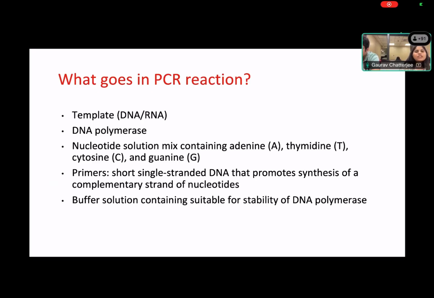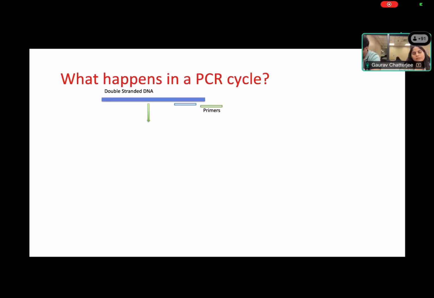If you look at the schematic diagram, you have a double-stranded DNA structure, where primers are supposed to go and bind. Now, before primers can bind, this double-stranded DNA has to break into a single-stranded structure. So denaturation has to happen, where at a temperature of more than 90 degrees, around 95 degrees, the two DNA strands get separated.